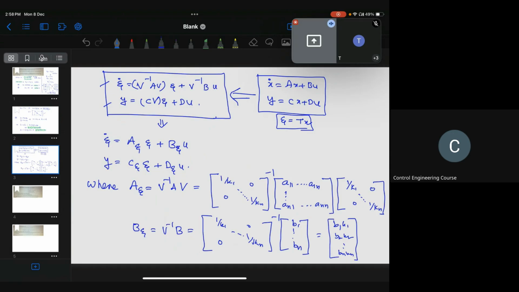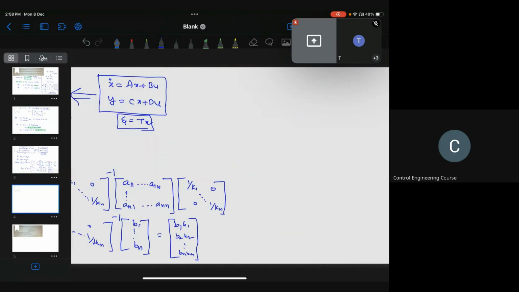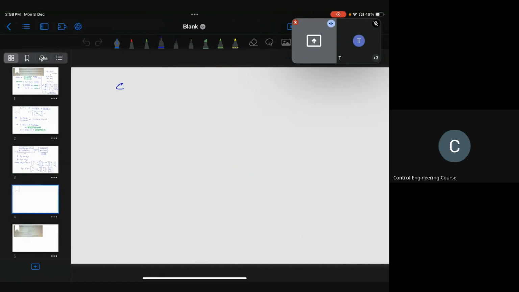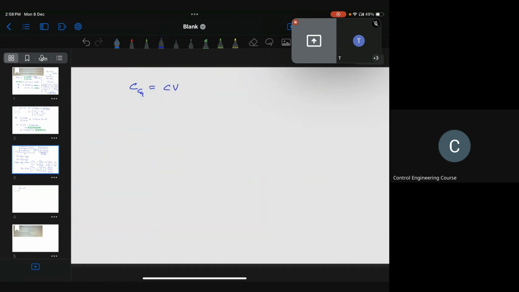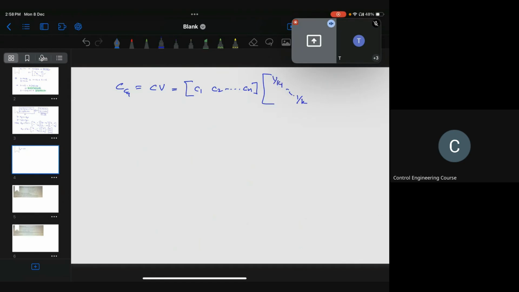This is the expression for B zeta. Similarly we can find C zeta as CV, where C is c1, c2, etc. cn, times 1 by k1 etc. 1 by kn, so you get c1 by k1 etc. cn by kn.